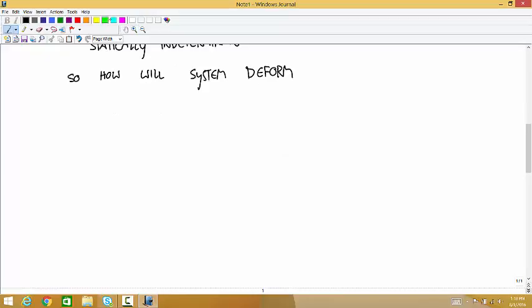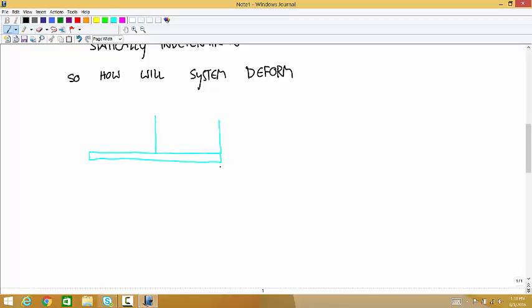So if you have, let me draw the original system. You have a cable there and a cable there. And after the deformation, this beam cannot move away from that pin joint.